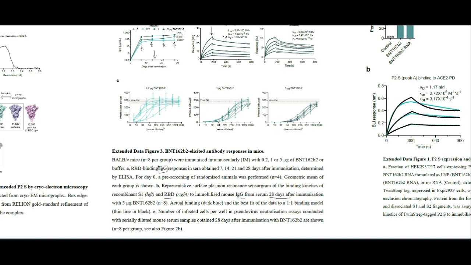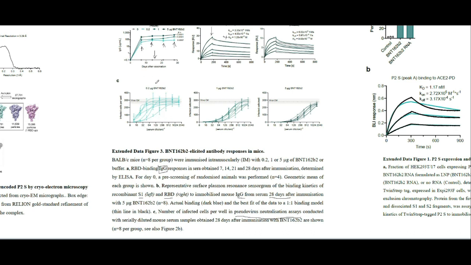And then over here, what they actually have is these pseudo virus neutralization assays. And so what they have on the x-axis down here is actually the dilution, so it's a serial dilution, which is why it doubles from 8 to 16, 32, 64, 128.